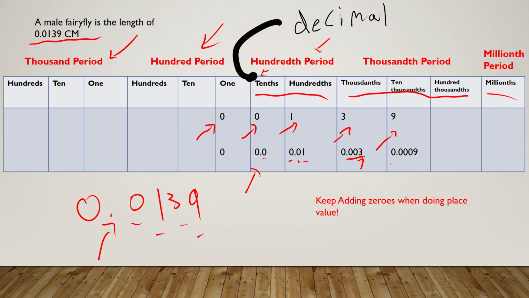Finally, we have the 10,000ths, and we have 3 numbers and then the 9, so 4 numbers after the decimal, so we add 3 zeros. And so we get the value of 9 10,000ths. It says here, very important, keep adding zeros when doing place value.